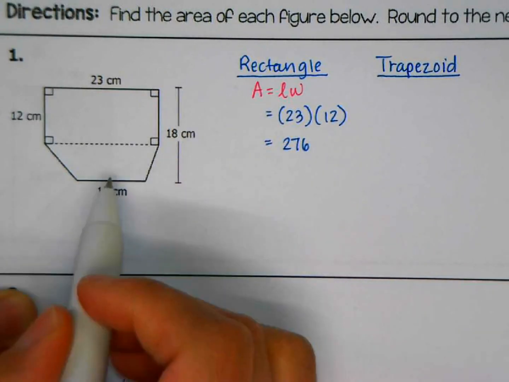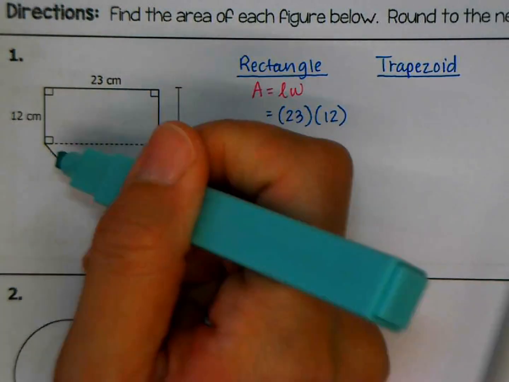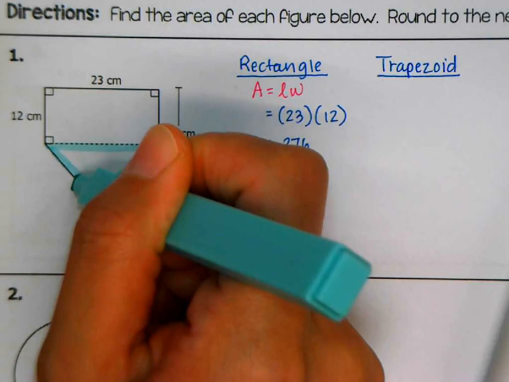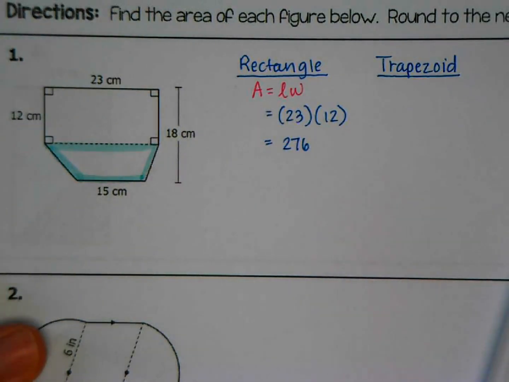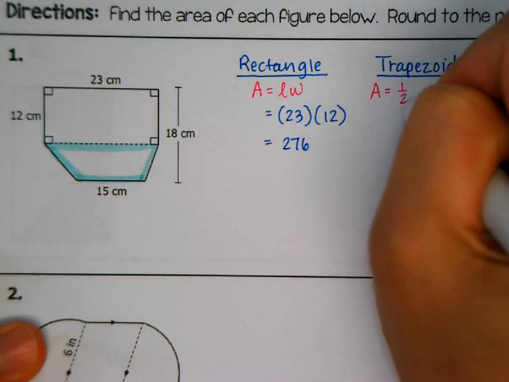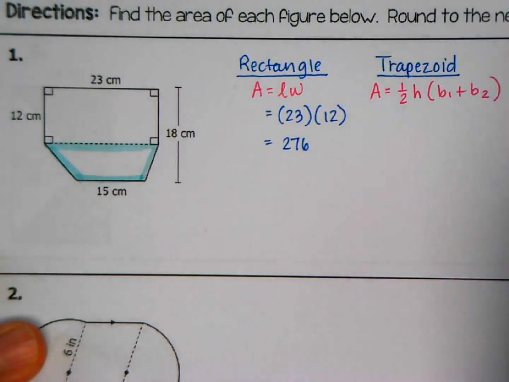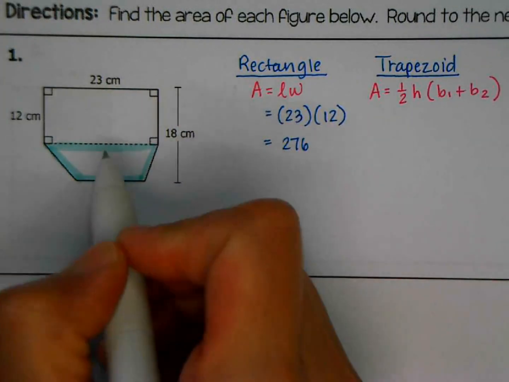The next shape I see is the trapezoid down here. So this shape right here is my trapezoid. And the area of that is a little bit more complex. It is 1/2 times the height times the two bases added together. So let's identify the different parts we need.